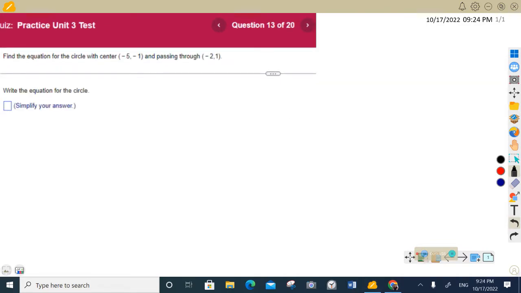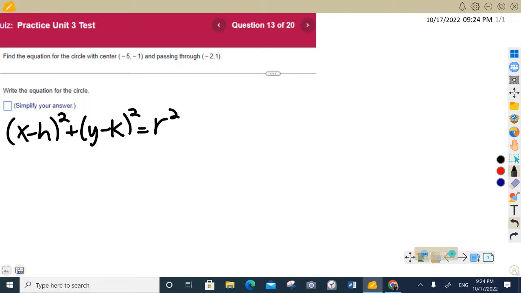Okay, number 13. We need the equation of a circle. So remember that the equation of a circle is going to be x minus h squared plus y minus k squared equals the radius squared.